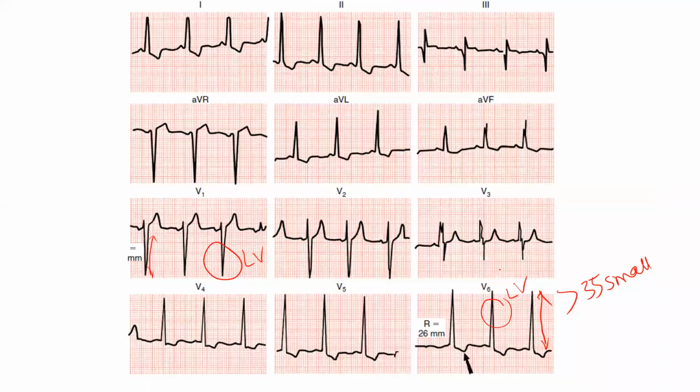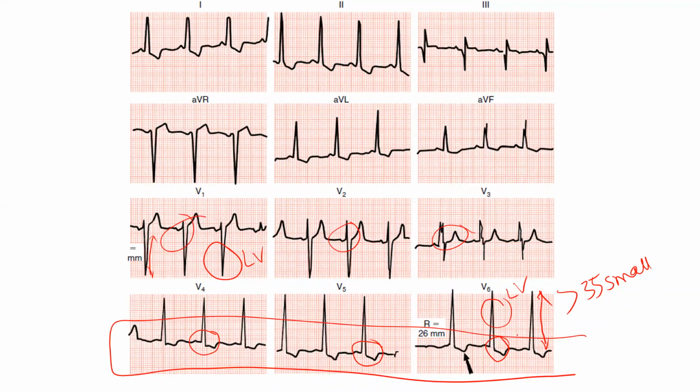Now see here, V6 has ST depression, V5 has ST depression, V4 has ST depression, V3, V2, V1 don't have anything. So there is a left ventricular hypertrophy. Because of hypertrophy, the vessels are not able to supply the adequate amount of oxygen to them. They are having some amount of ischemia, which is depicted as ST depression.